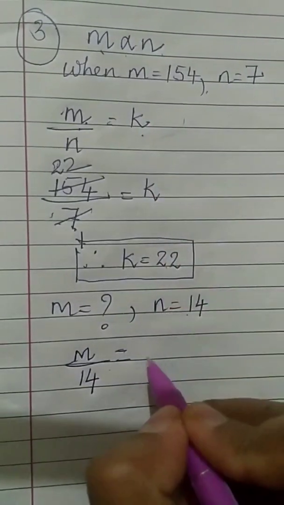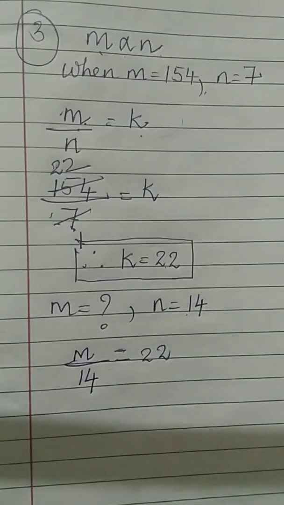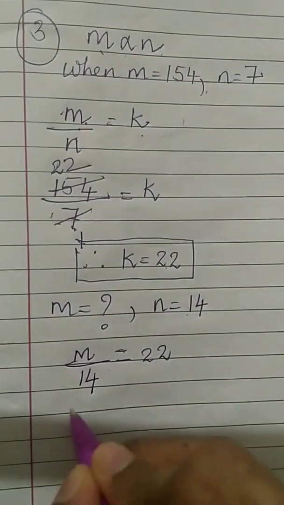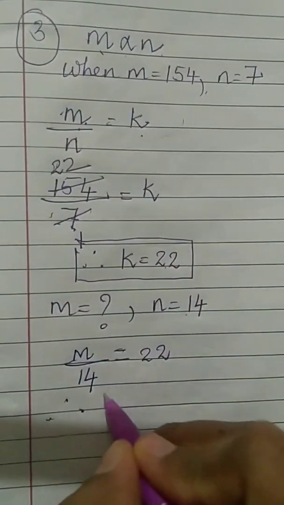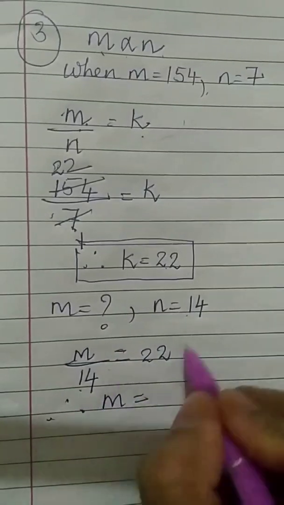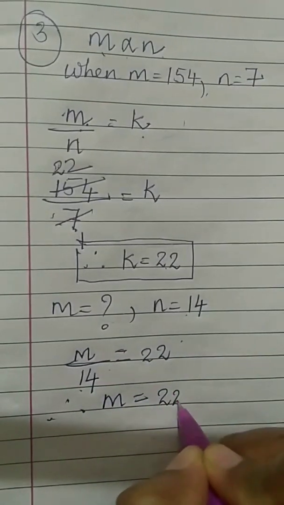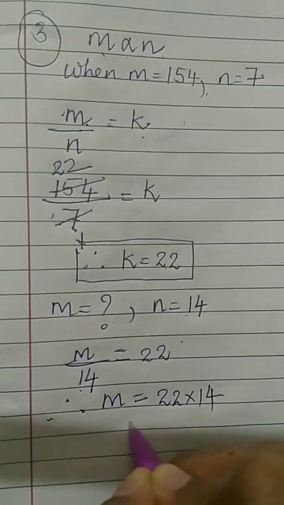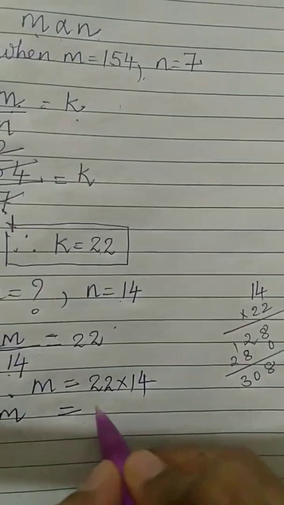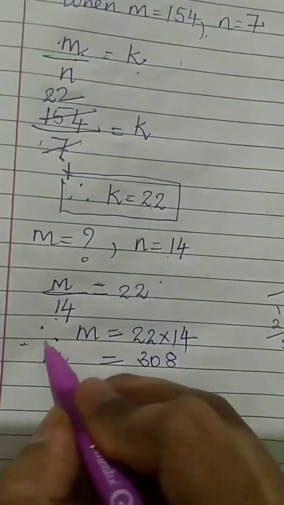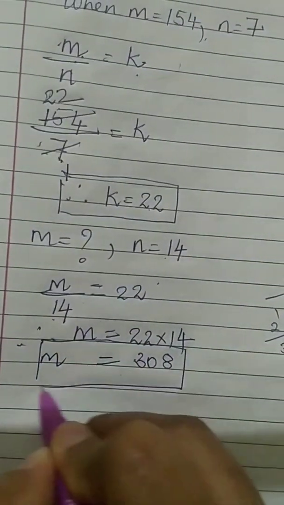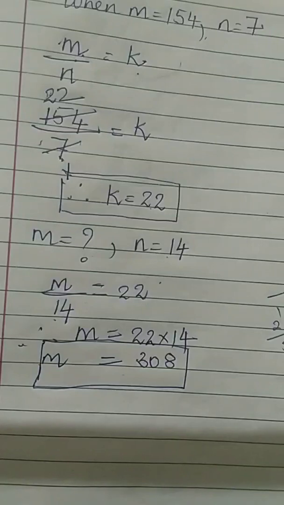What is k? k is 22. So therefore, cross multiply now. m is equal to 22 into 14. Multiply. So you got m is equal to 308. So this is the answer. Highlight it. That sum is over.